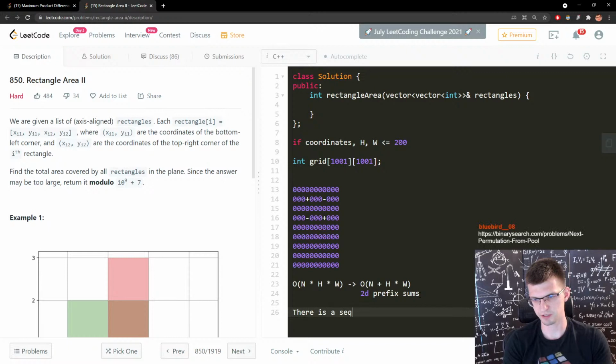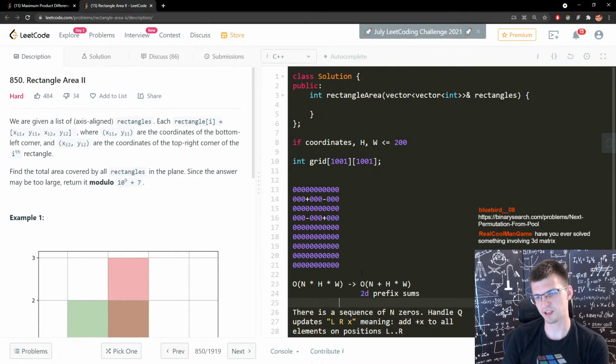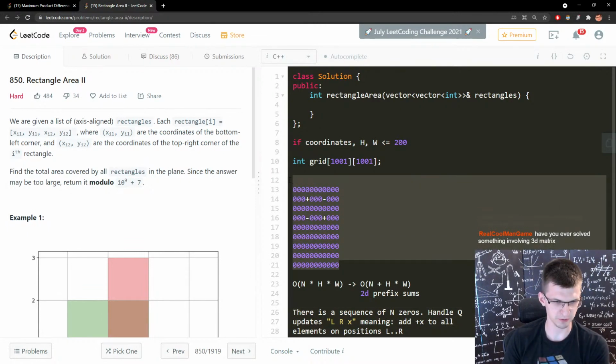There is a sequence of n zeros, handle q updates, each of form L R x, meaning add x to all elements at positions from L to R. How can we do it quickly, not just with brute force for every update, going through elements? If you can solve this, and also you know two-dimensional prefix sums, then you know how to do this.